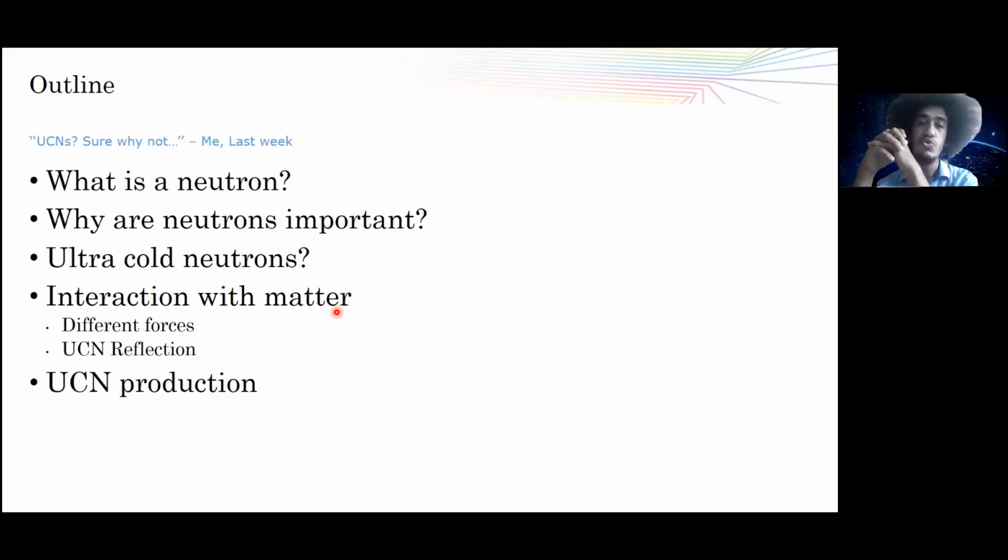And then I will move on to the interaction with matter. Basically, I'm going to talk about the four fundamental forces and how the neutron interacts with them. And I'll talk also about the UCN's most famous property, which is their reflection. And I will wrap up by mentioning some of the ways that you can produce these ultra-cold neutrons.